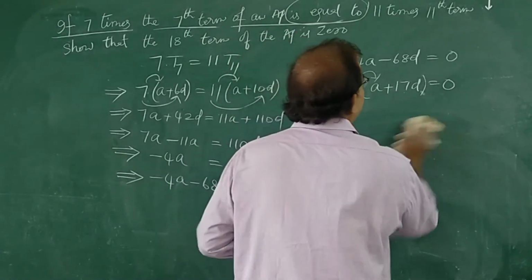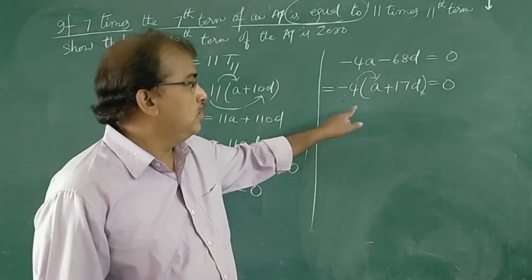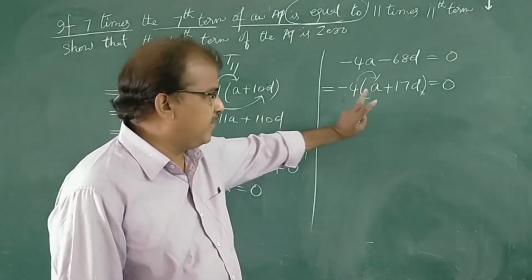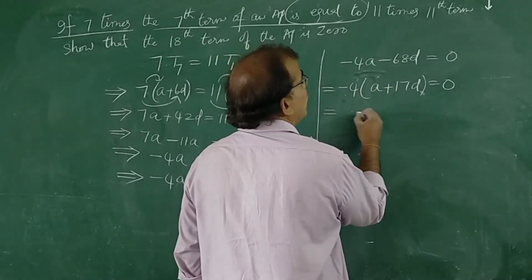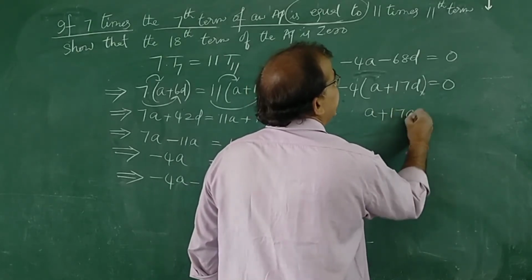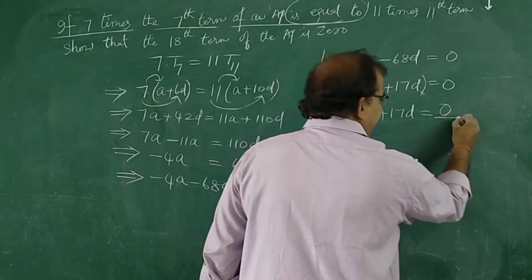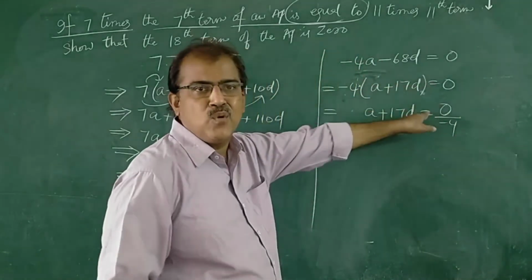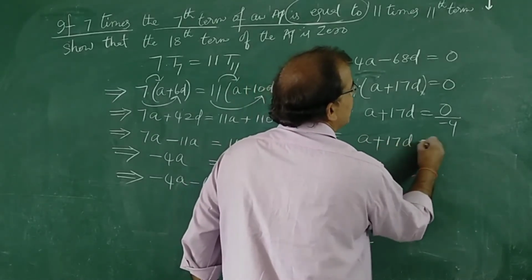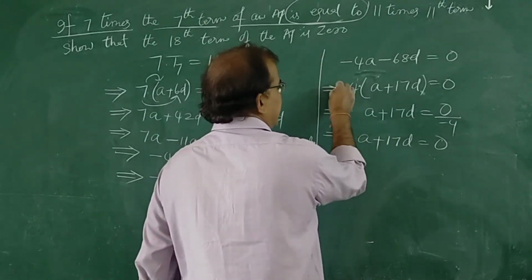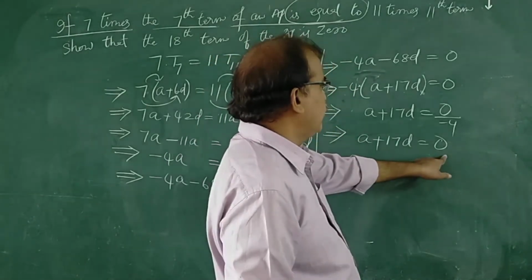So minus 4 is taken as common. A plus 17D is equal to 0 divided by minus 4. That implies A plus 17D is equal to 0.